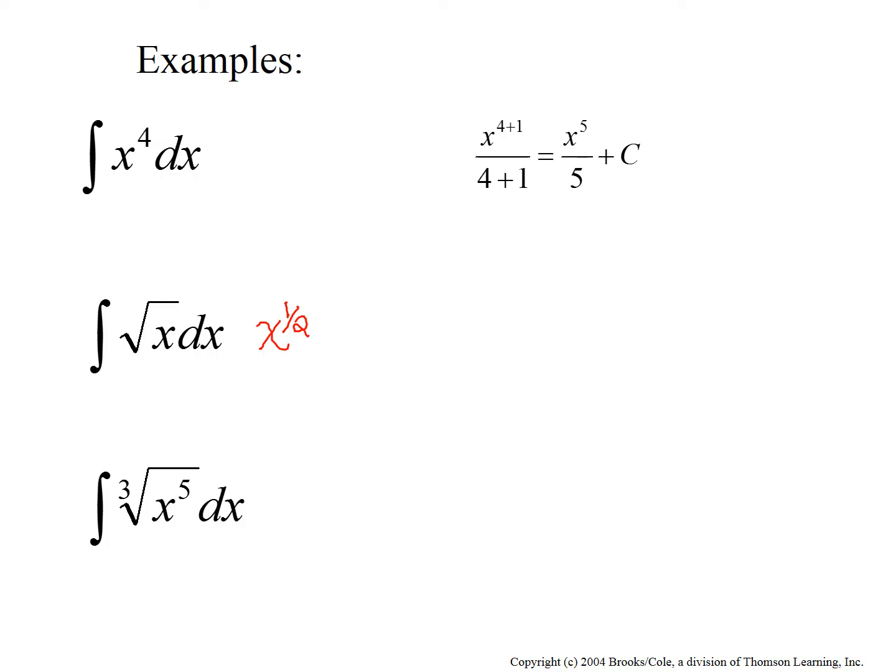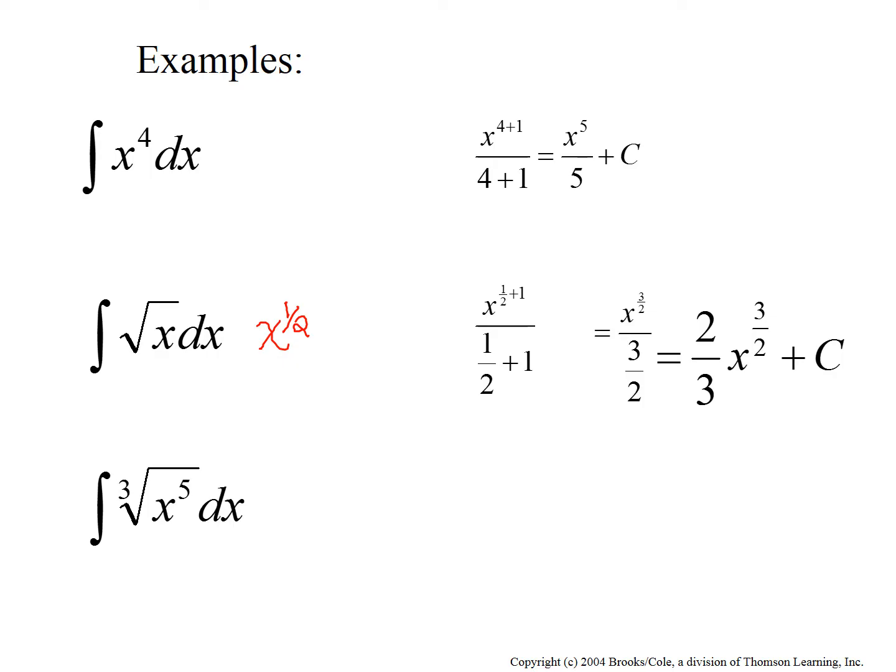So we're going to add 1 to 1/2 and then divide by 1/2 plus 1. I'm going to clean that up by multiplying by the reciprocal, and so you can see that that would be 2/3 x to the 3/2 plus c.